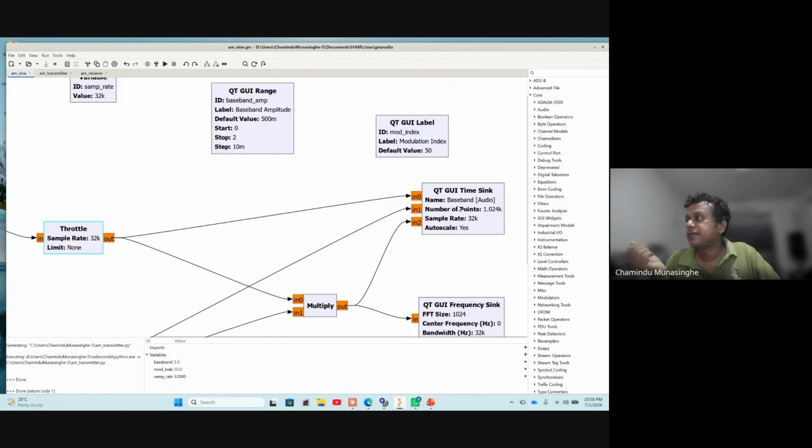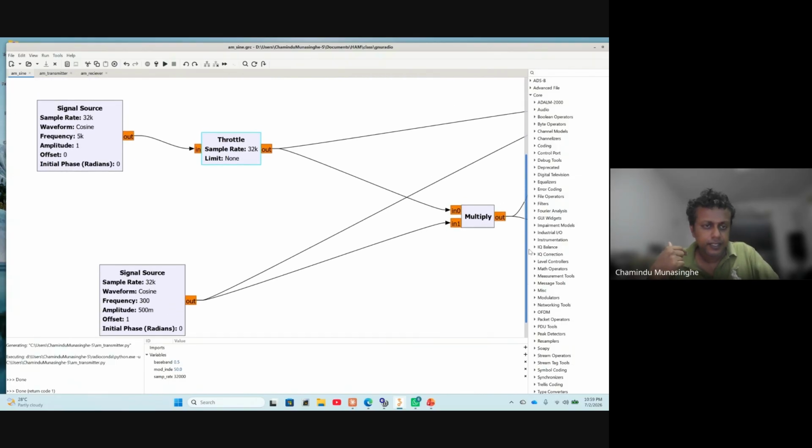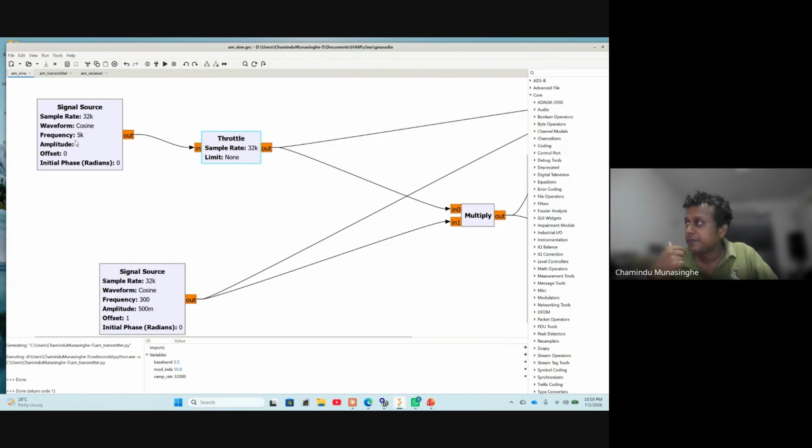QT GUI time sink. A QT GUI time sink is like an oscilloscope that shows a time domain signal, or multiple signals in this case. Here I'm showing 3 signals. Sorry, this is my carrier. 5 kilohertz is my carrier.